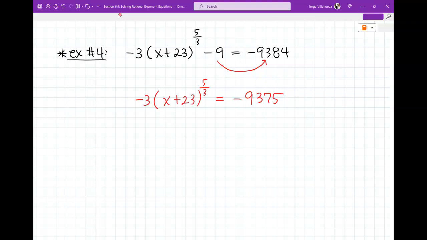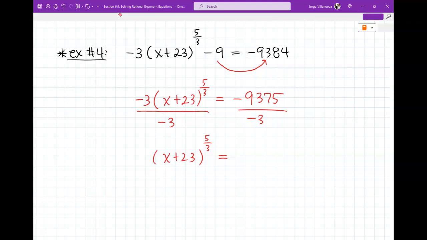So I'm going to divide both sides by -3. So x plus 23 to the 5/3 is equal to, what do we get here? 375 divided by 3.